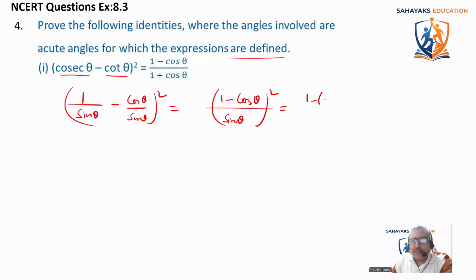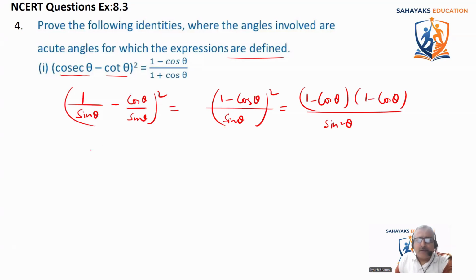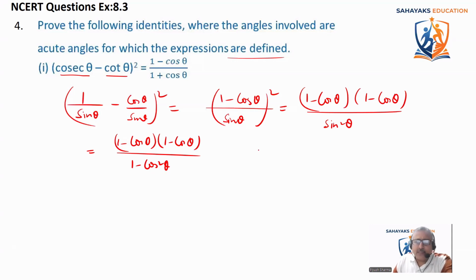So I'll write it as 1 minus cos theta into 1 minus cos theta divided by sine square theta. I can write the denominator as 1 minus cos square theta, because sine square theta plus cos square theta is equal to 1. So I can write sine square theta as 1 minus cos square theta.